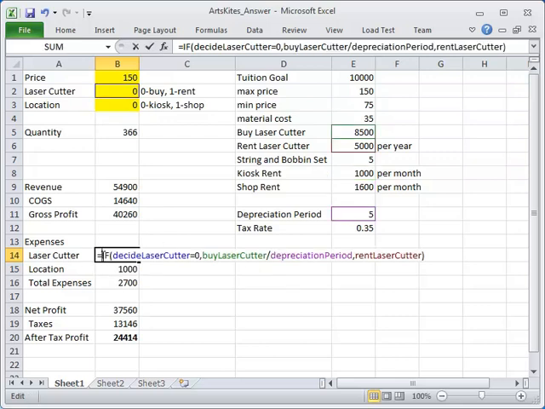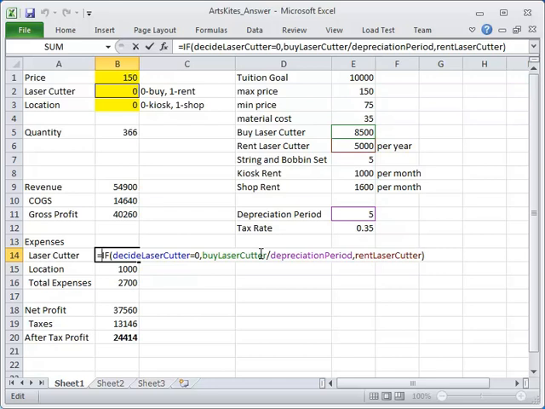And so the laser cutter ends up being somewhat of the same thing. Depending on whether or not we decided to buy or to rent the laser cutter, we are basing our expenses on what the expense would be to buy versus what the expense would be to rent. Now the twist here is, if we are buying a capital good, we don't take the entire cost we paid for it and count it as an expense in this period.